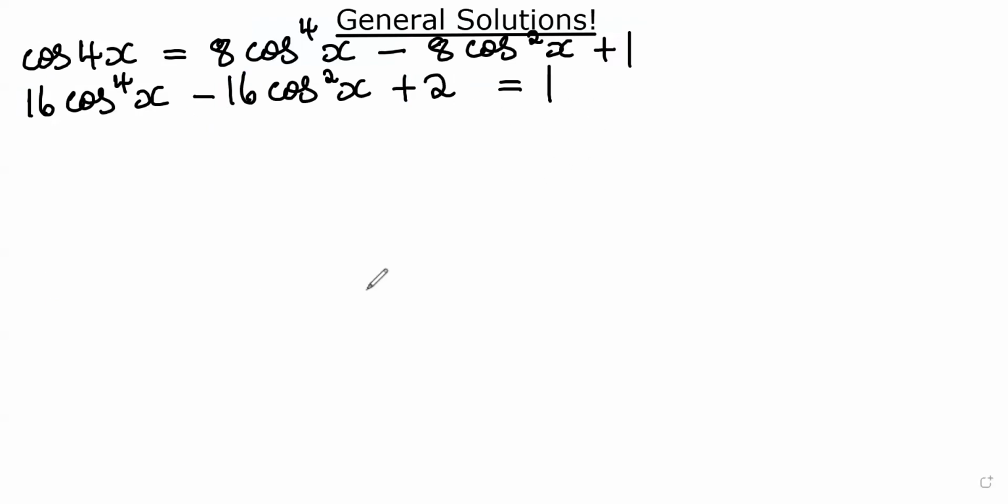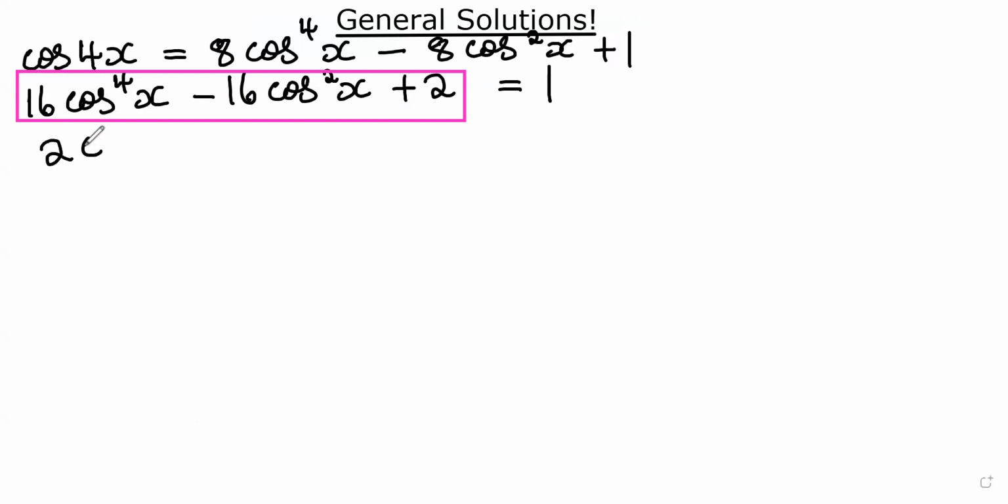Okay, so what does it mean? It means every time I see this expression, I can choose to replace it with 2 times cosine 4x. I'm using the hence. I'm using what I proved above in order to do this question.